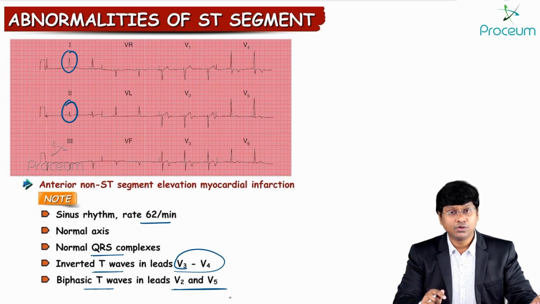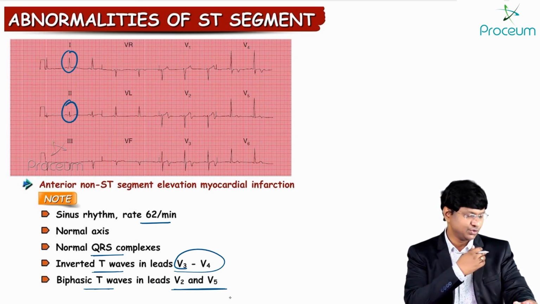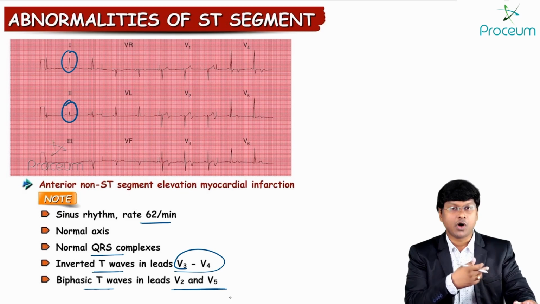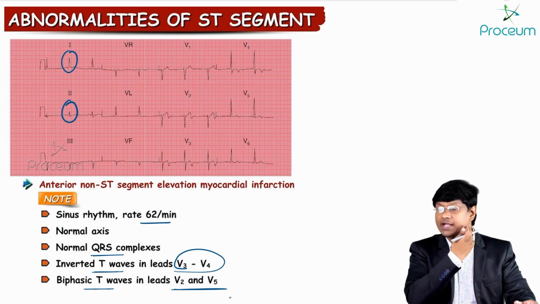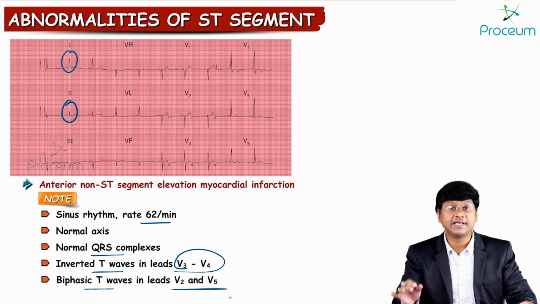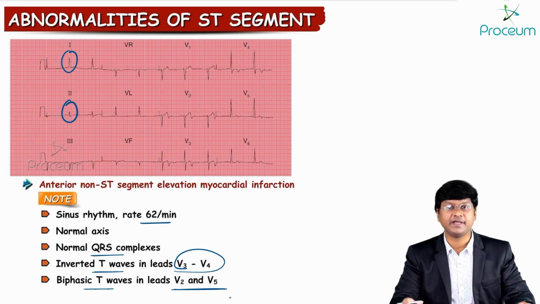So this pain of your MI is referred most of the time to your left arm, or to your neck, jaw, and it can even refer to the left ear as well. So that is what you will see, the referred pain in case of myocardial infarction.